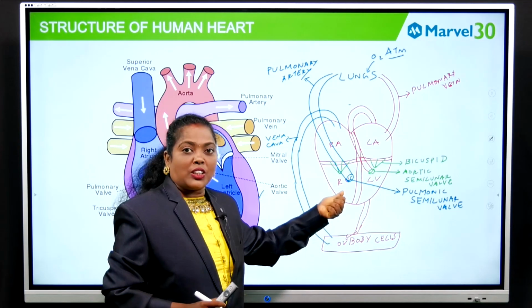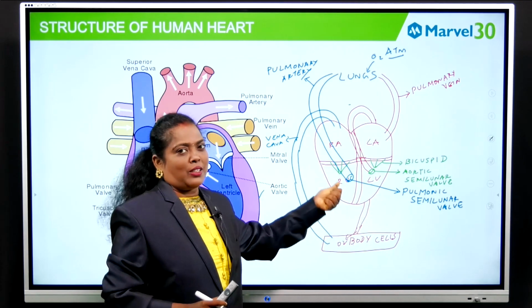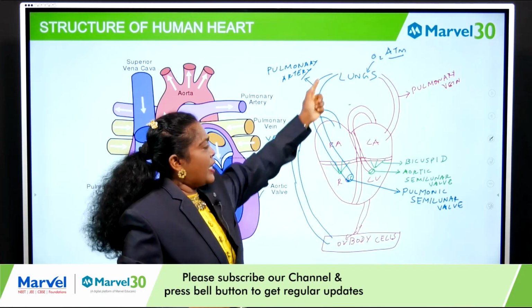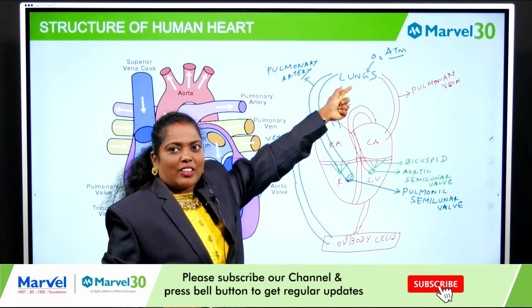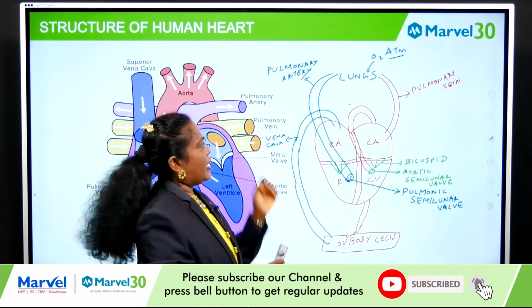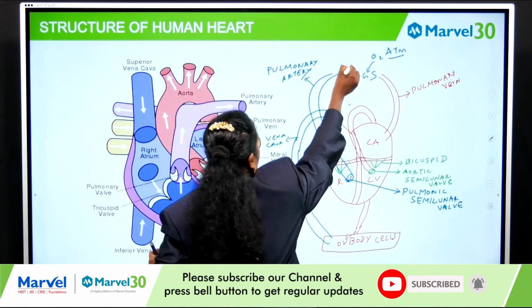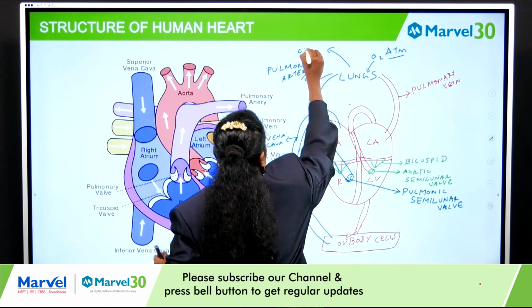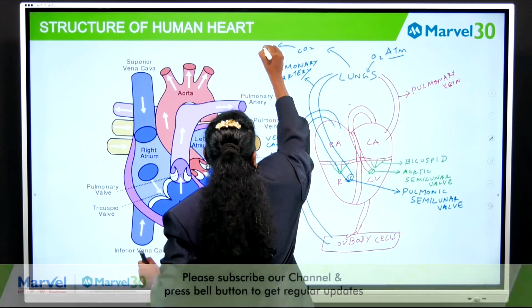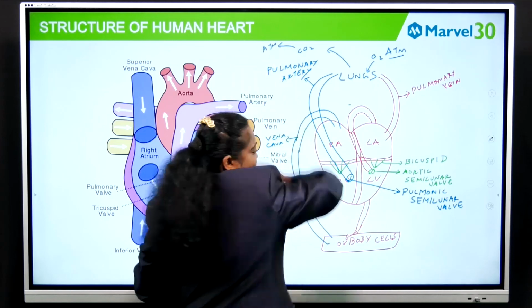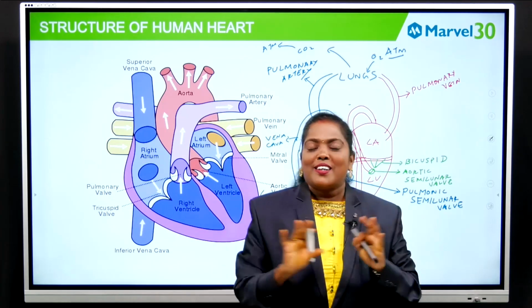From the right ventricle, with the help of the pulmonary artery, it is again going to the lungs. From the lungs, the carbon dioxide through exhalation goes to the atmosphere. So I hope you get a clear idea.